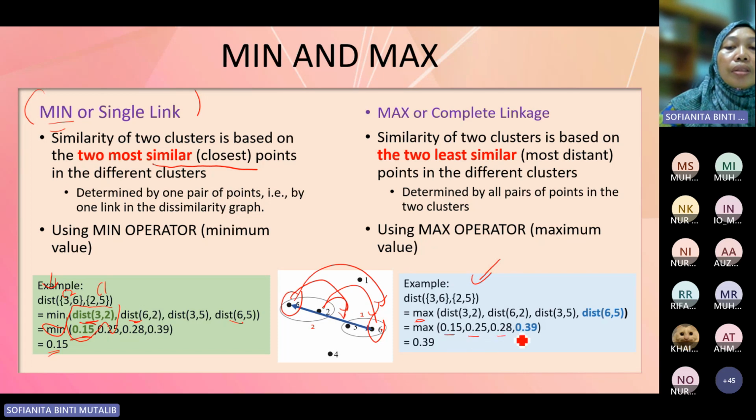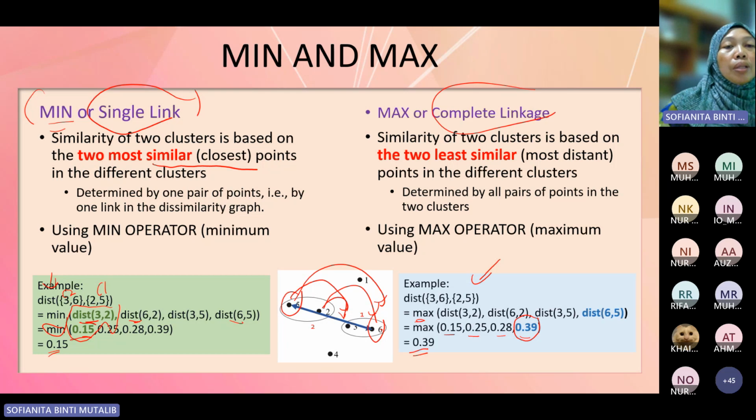We extract the value, and we see that the farthest is 0.39. So what is the distance of cluster 1 and cluster 2 with the maximum function? The answer is 0.39. Okay, so these are two different methods using different functions. This is what we call single link and complete link.